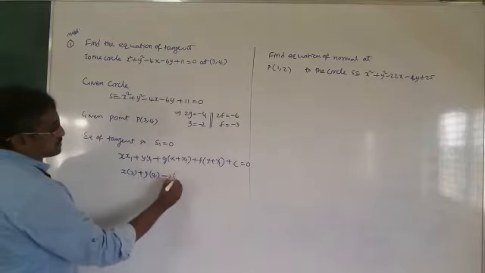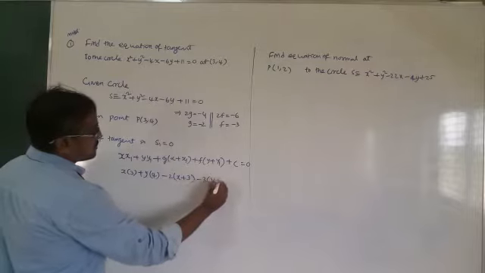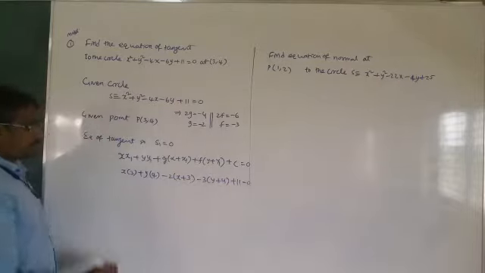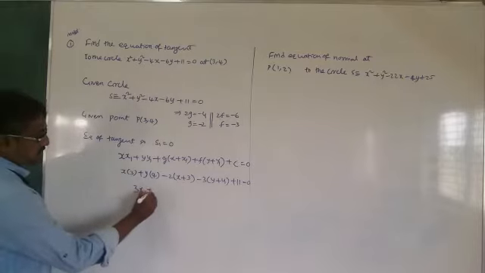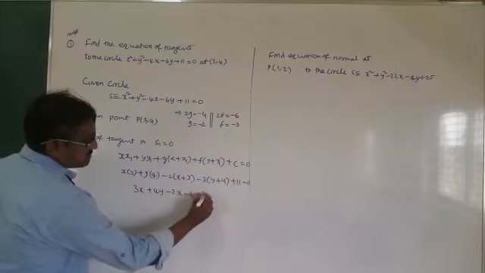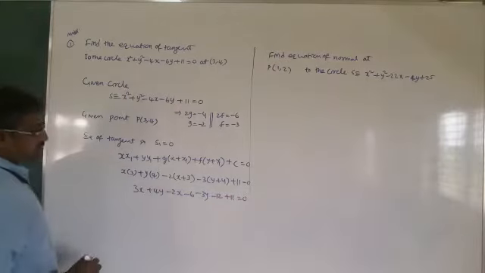So minus 2 into x plus 3 minus 3 into y plus 4 plus 11 equal to 0. So 3x plus 4y minus 2x minus 6 minus 3y minus 12 plus 11 equal to 0.